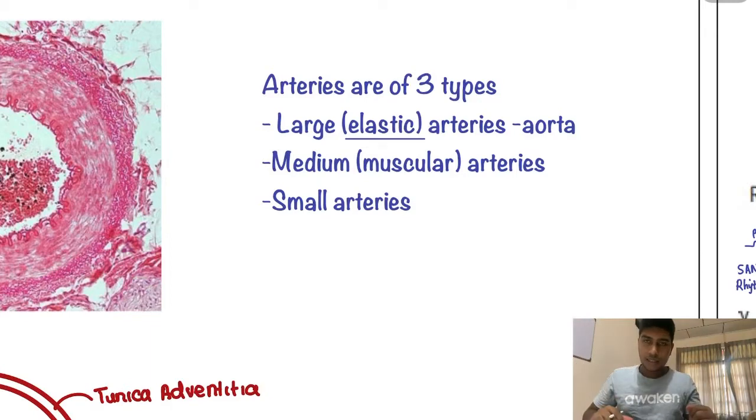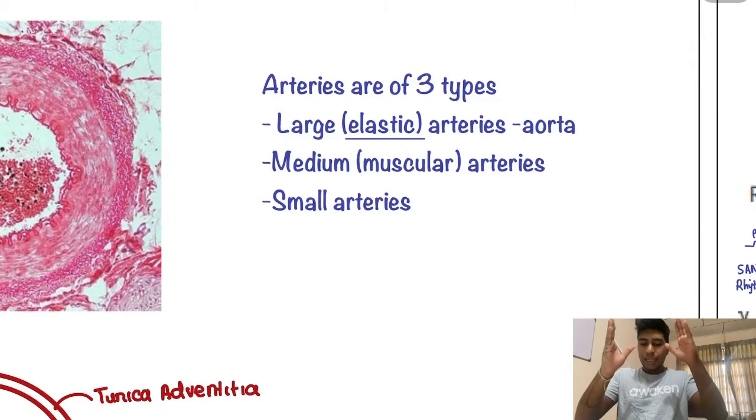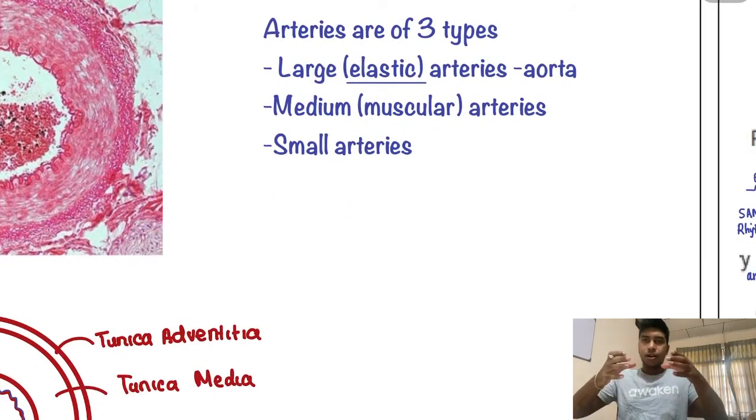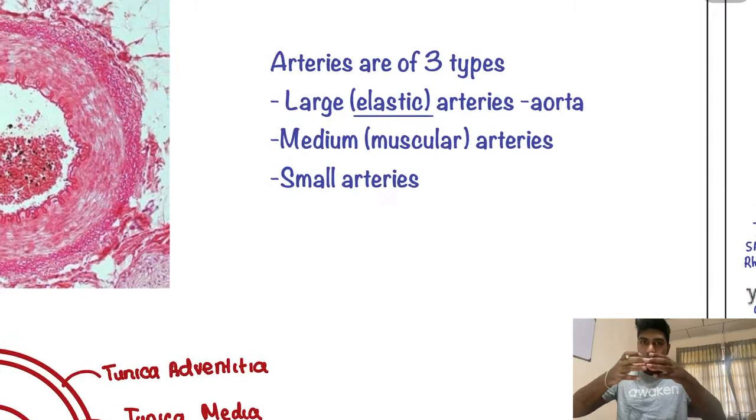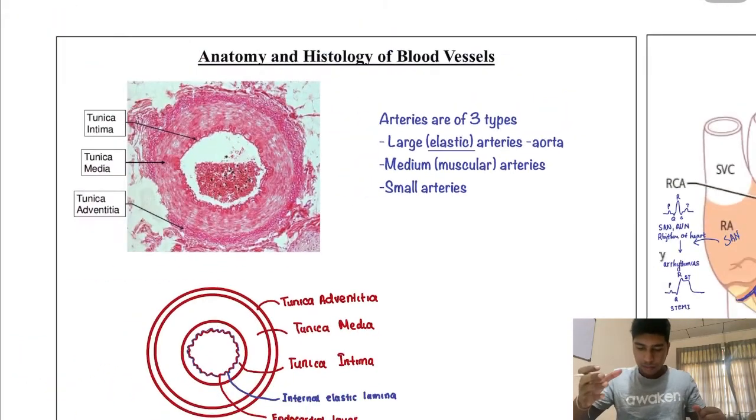Think of it like this. The aorta must endure a lot of blood, so it needs to expand. So if it becomes hardened, if it undergoes sclerosis, then it cannot exactly stretch out. So that can lead to hypertension.